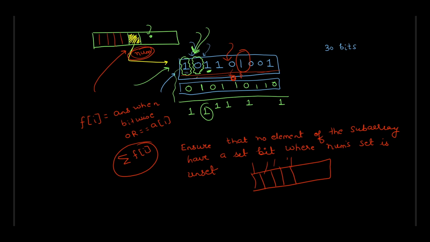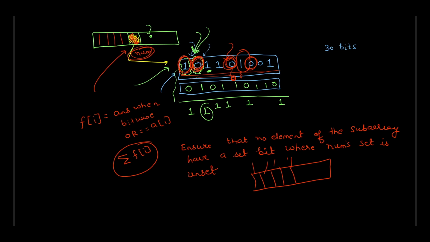So now we only have to worry about how to count the number of subarrays where the bitwise OR is exactly equal to this number. And to do that, we have already seen that at all the bit positions where this original number has 1, you have complete freedom to do whatever you want. But if you diverge from the unset bits, then your bitwise OR cannot be equal to that number. So that is what we have to calculate now.